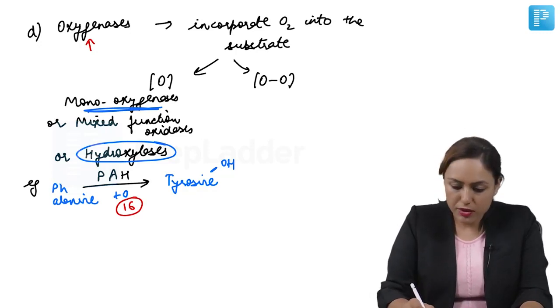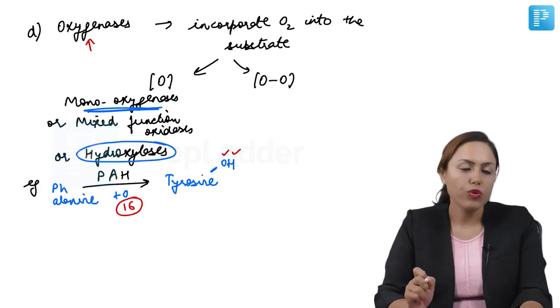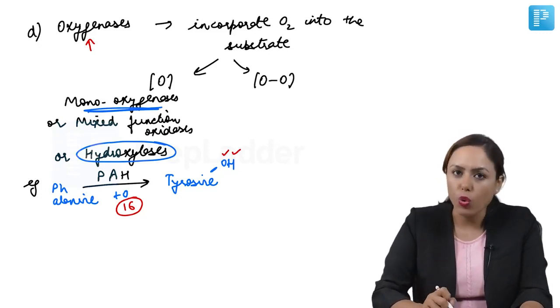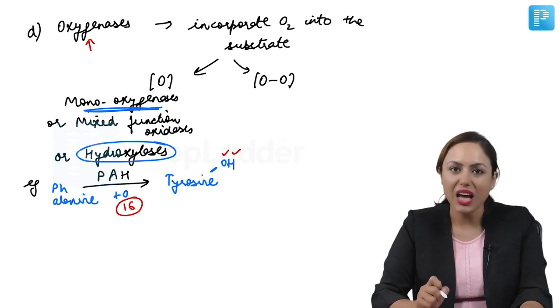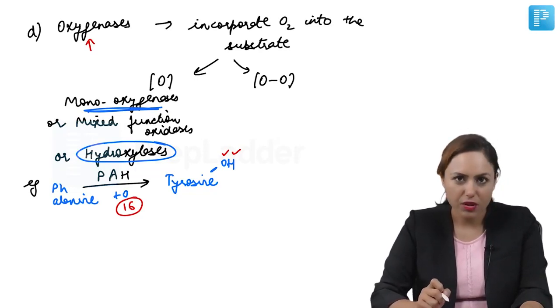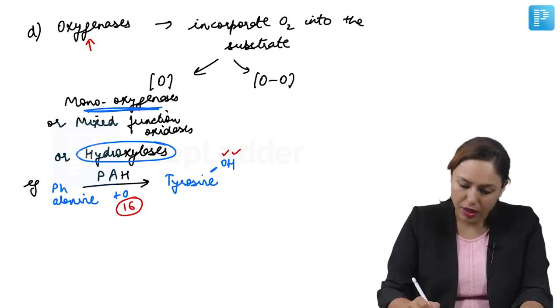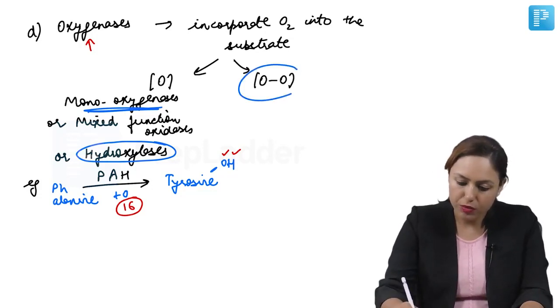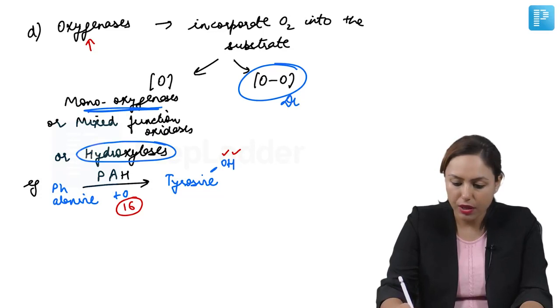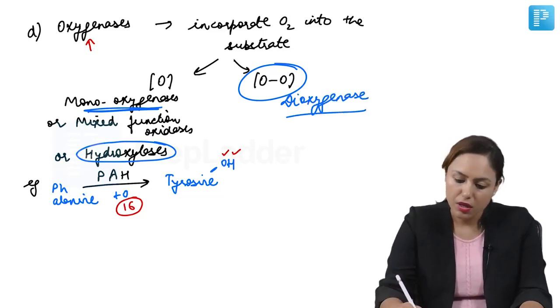Do not count the molecular weight of H also. You will only count the molecular weight of the O added, because in hydroxylation reactions only one O is added, right? Then if two atoms of molecular oxygen are added, then it is a dioxygenase enzyme.